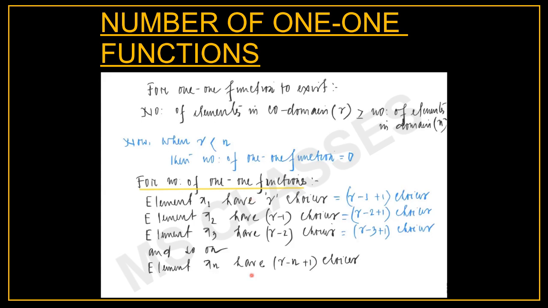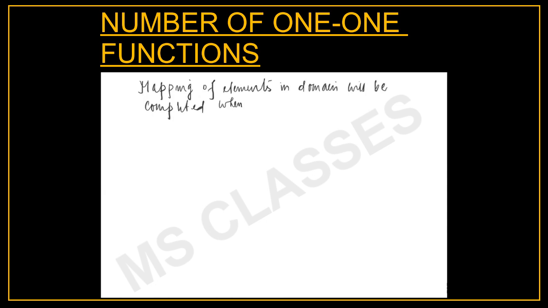Write it down: the mapping of elements in the domain set will be completed when all the elements are mapped under the considered restriction.